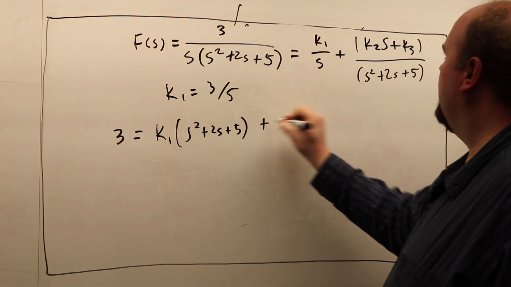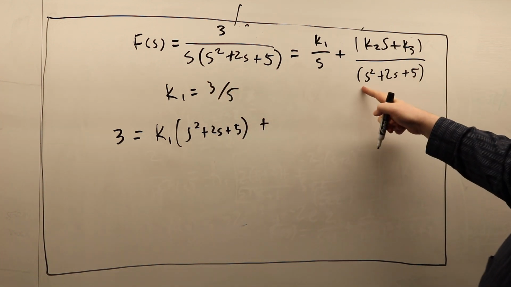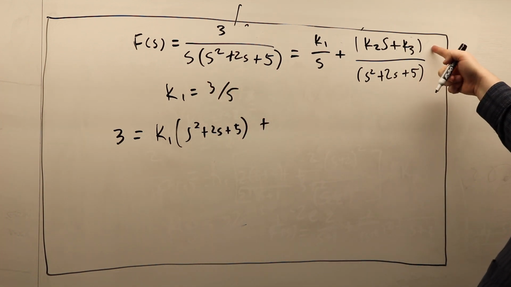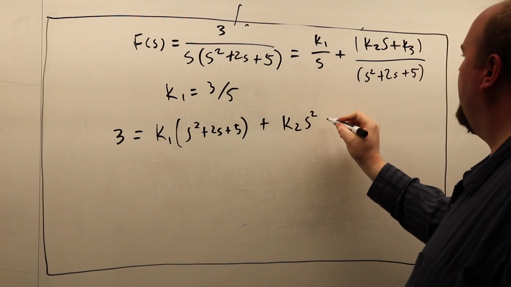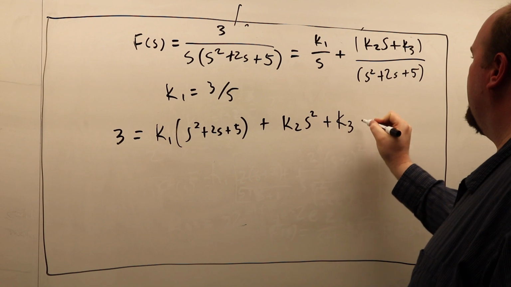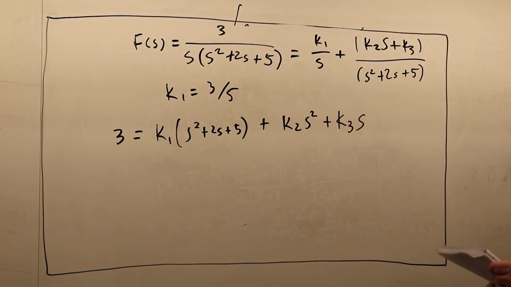And over here, this is going to cancel out, and we're left with an s in the numerator, so we get k2s squared plus k3s as our last remaining term here.